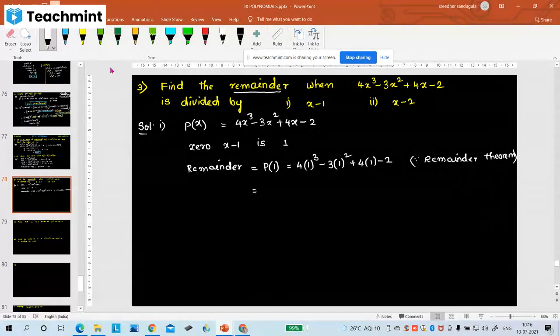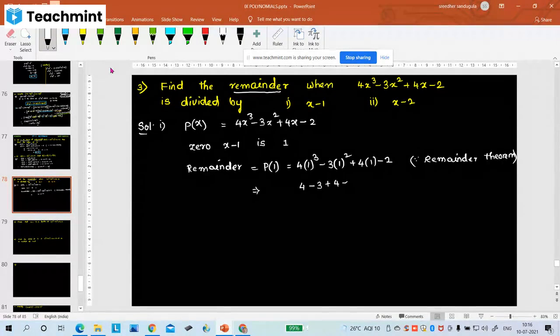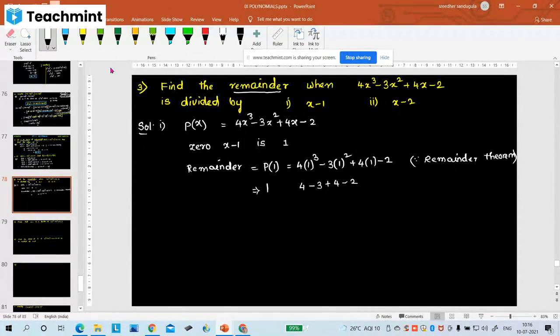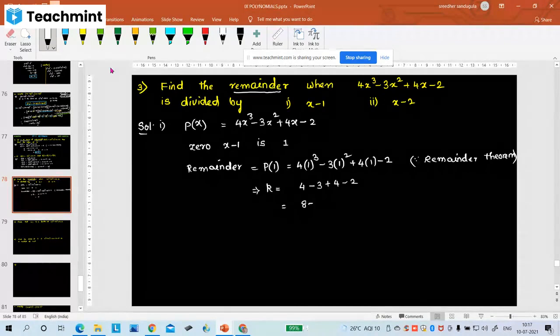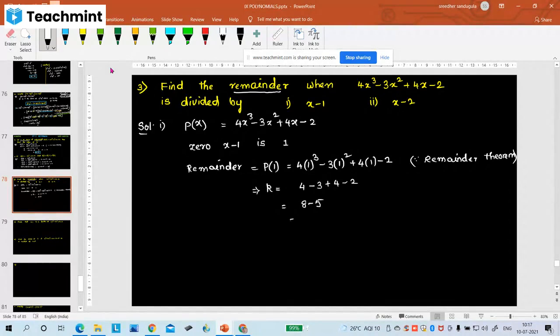So that implies p of 1, what do you get, children? 4 into 1 cube is 4 itself, minus 3 into 1 square is 3, plus 4 into 1 is 4, minus 2. This is nothing but p of 1, that is the remainder. That implies 4 plus 4, 8, minus 3 minus 2, minus 5. 8 minus 5, that is 3. Therefore, remainder is 3.